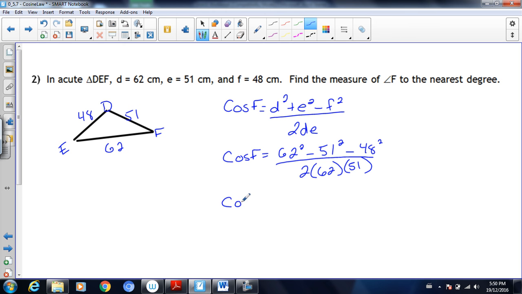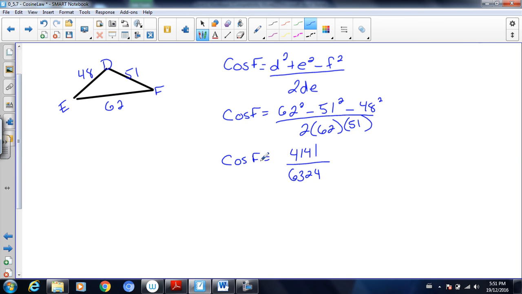If I do all that, 62 squared plus 51 squared minus 48 squared, I should have 4,141. And then 2 multiplied by 62 multiplied by 51, you should get 6,324.